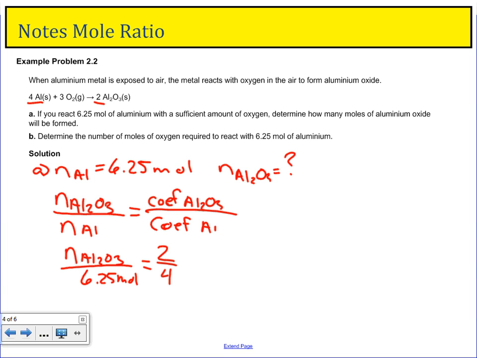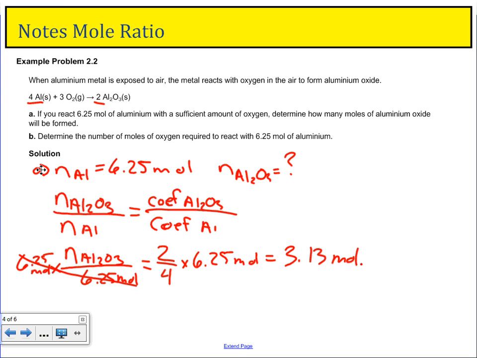To get this out, I must times it by 6.25 moles, cancel out, and I will get a total of 3.13 moles, saying that there will be 3.13 moles of aluminum oxide formed.